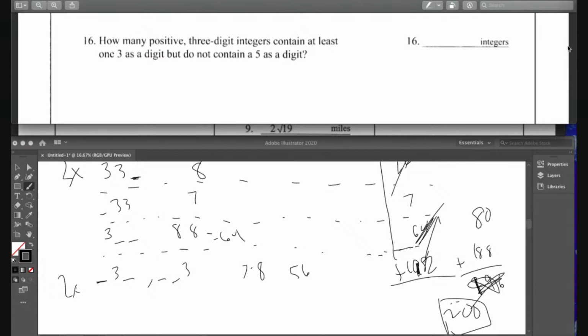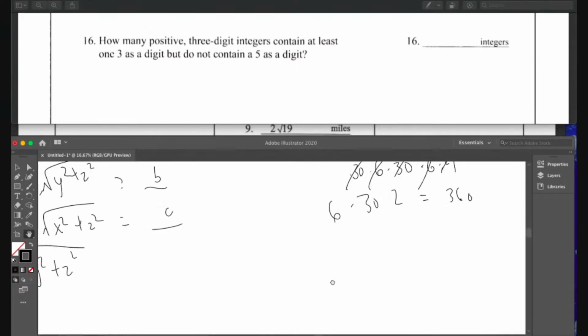If you just try to do it without casework, you're going to end up doing casework, because you're going to have to account for all the ones that you repeat accounting. And essentially, for each case you're going to be repeating a different amount of numbers, so you're essentially doing casework again. Yes.